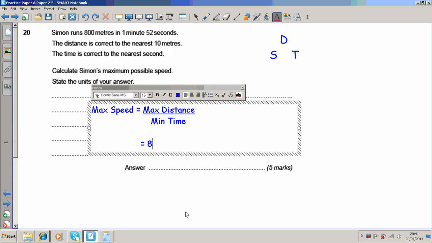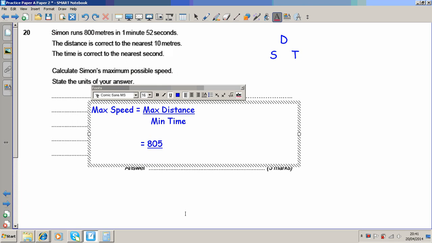So the max distance is going to be 805, divided by the minimum time, which is 1 minute 52 to the nearest second, which is 1 minute 51.5 seconds.